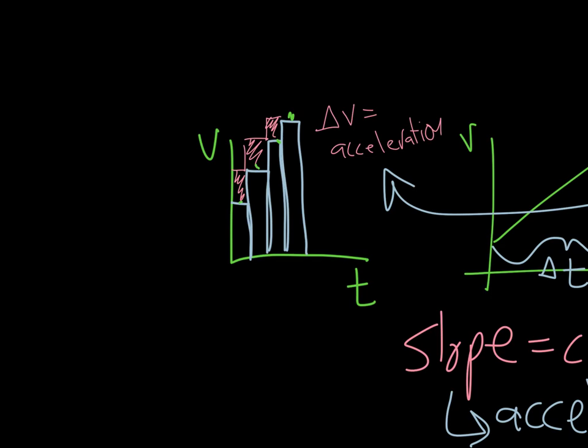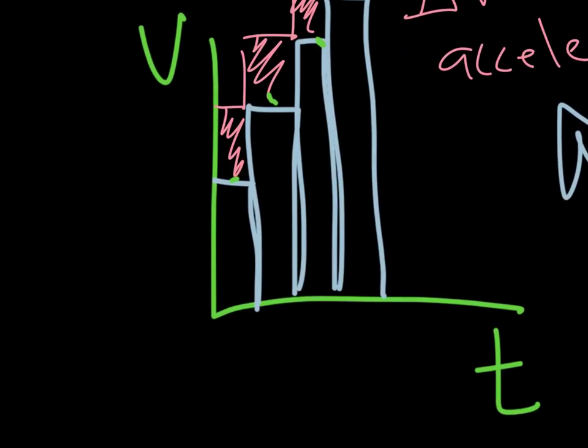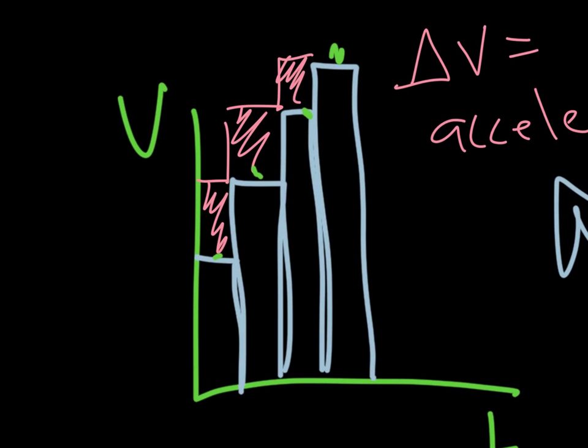Right? So let's talk about what acceleration actually is. A way I like to talk about acceleration is how fast changes. And that sounds really confusing, but hopefully it'll make sense in just a second. Let's say that I have this first little square here. Let's say it represents traveling 2 meters per second.